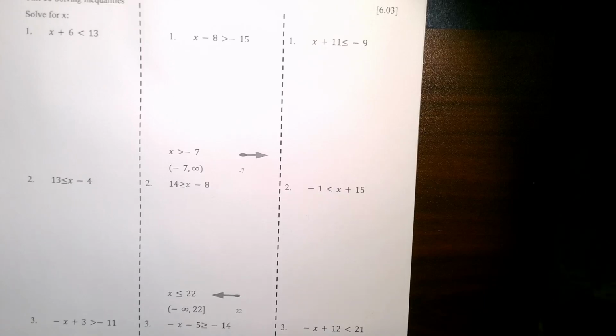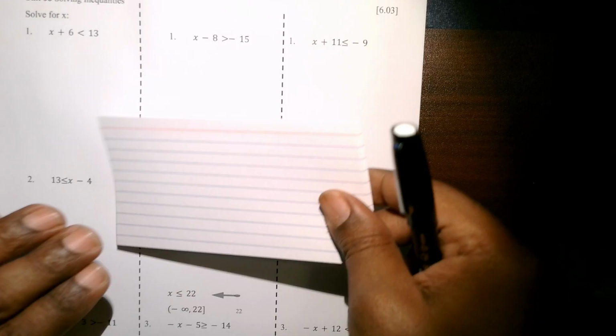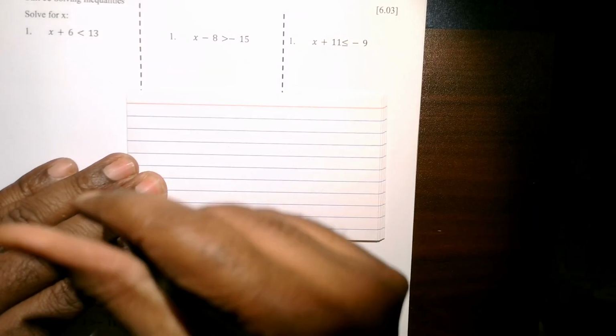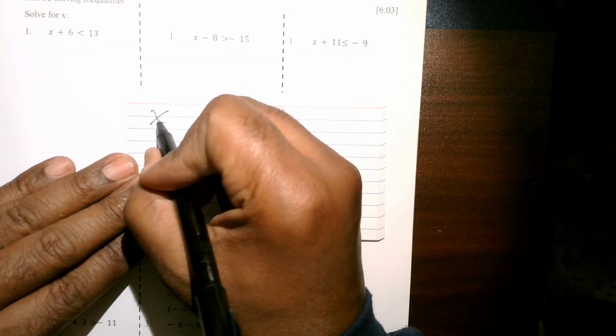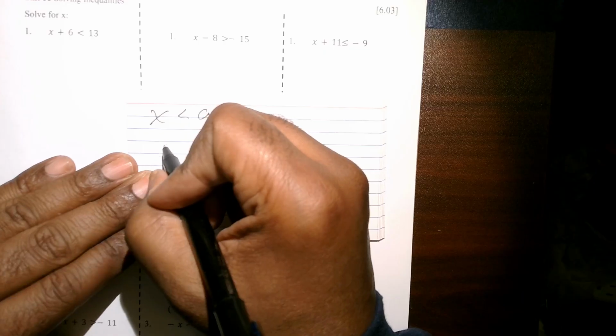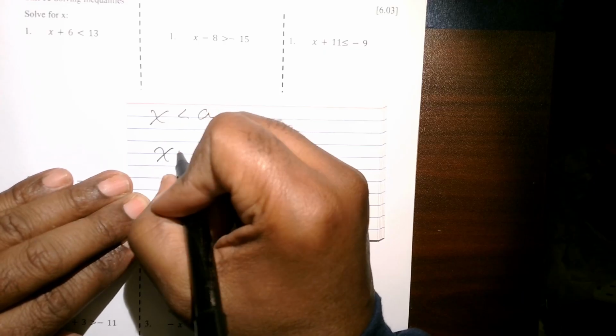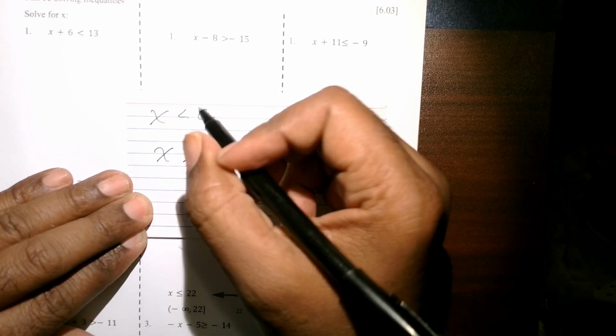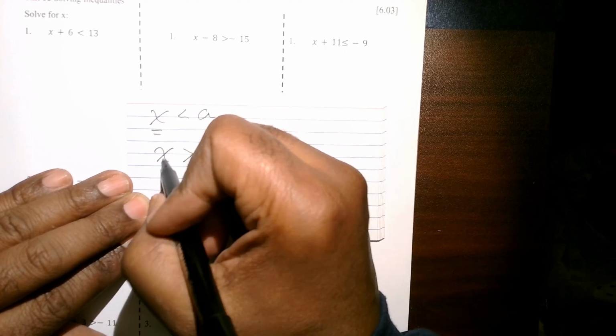Solving inequalities. Some of the background rules we want to have about solving inequalities is first, for inequalities, whether it's a less than sign or a greater than sign, we solve x to the left.